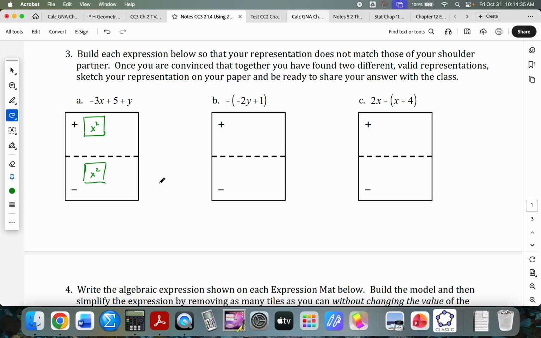Go on. Then 3 negative x's in the positive region. 5 positive tiles in the positive region.